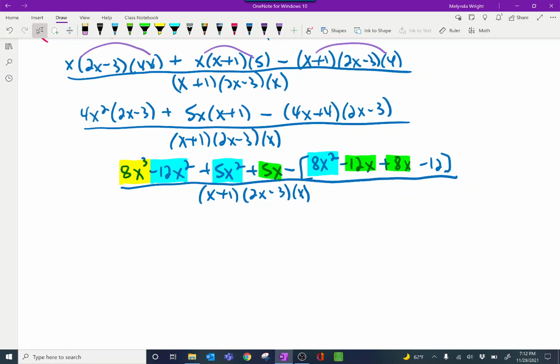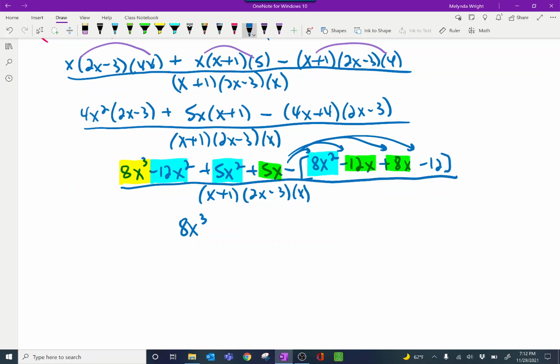So here we go. Let's combine. We've got 8x cubed, nothing to add it with. Let's see, we've got a negative 12x squared plus 5, that would give us a negative 7x squared, minus 8, because I have to distribute this little negative, of course. We have to remember that.